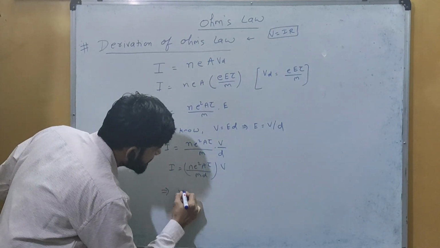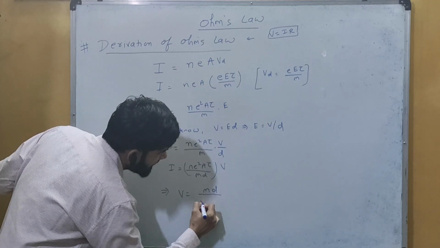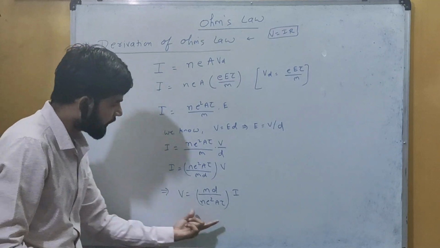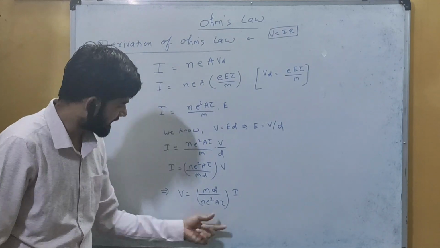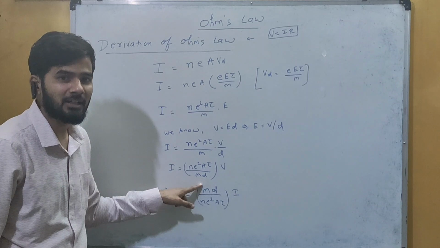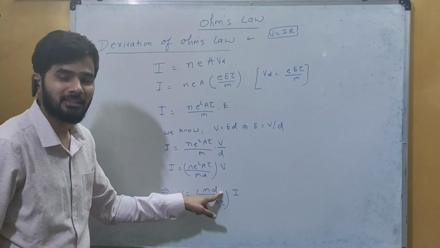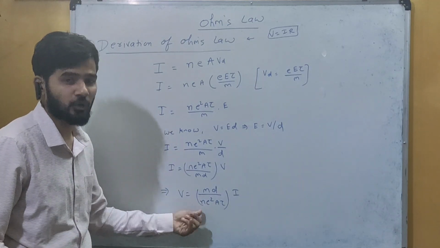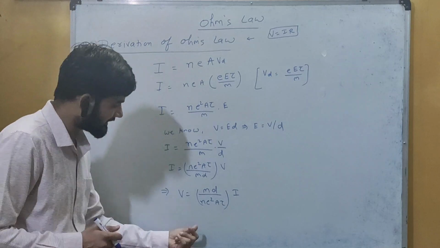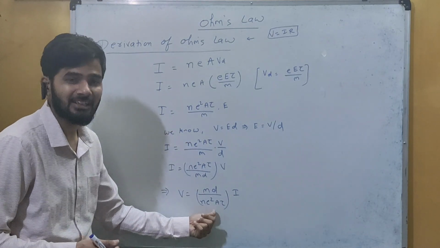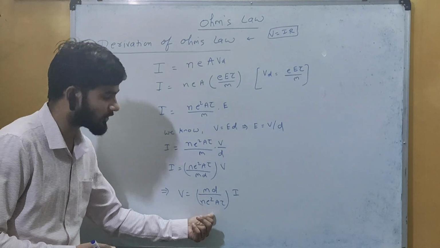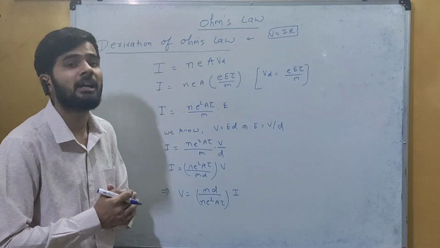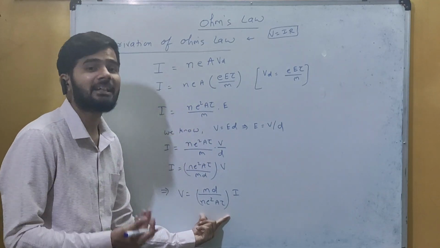So I can write V is equal to m d divided by N e² A τ, into I. Now all these terms must be constant. The mass of any charged particle is constant. The length of the conductor d is constant. N, the electron density for a particular material, is constant: if it is copper, the electron density will remain constant. The charge is constant, the area of the conductor does not change, so that's constant. For the relaxation time τ, we are keeping the temperature constant, so the relaxation time also becomes constant. This means this complete term is a constant.